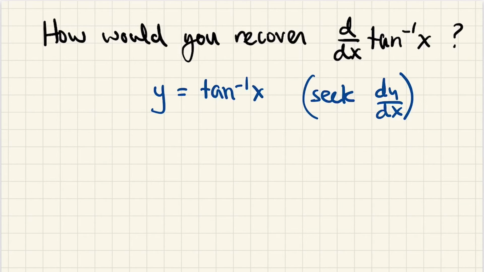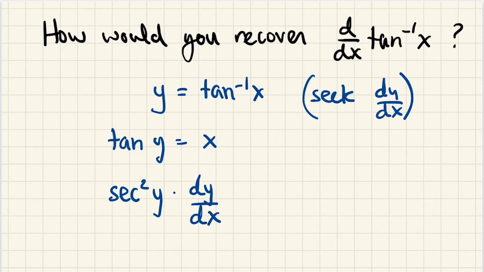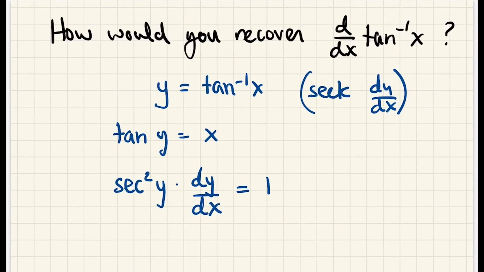Okay, but writing y equals inverse tangent of x allows us to rewrite this as tangent of y equals x. And we know the derivative of tangent, which means we can now find dy dx implicitly. So the derivative of tangent is secant squared. Chain rule gives us the dy dx here. And we get 1 on the right.